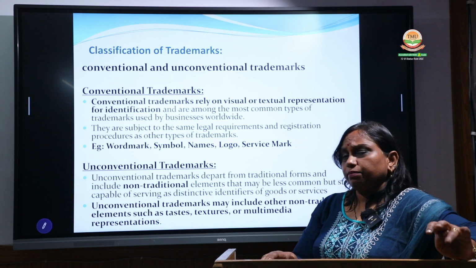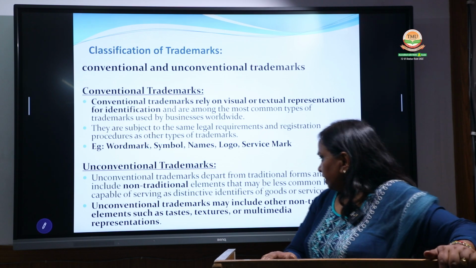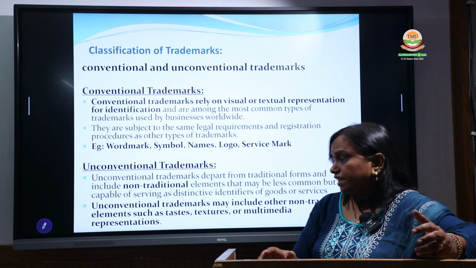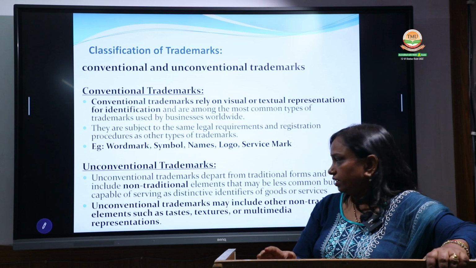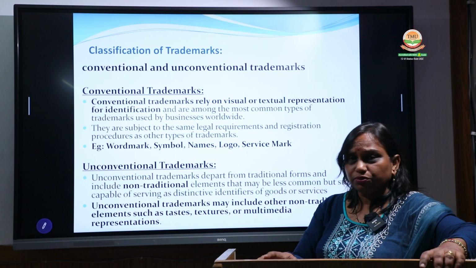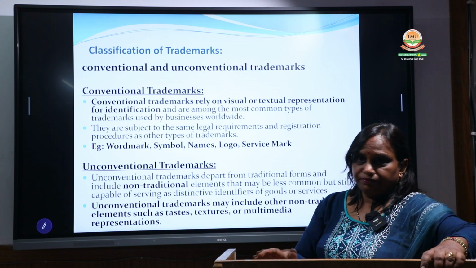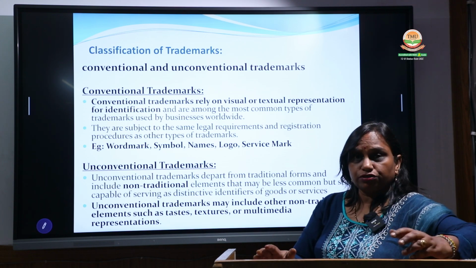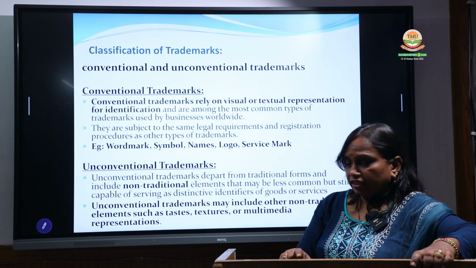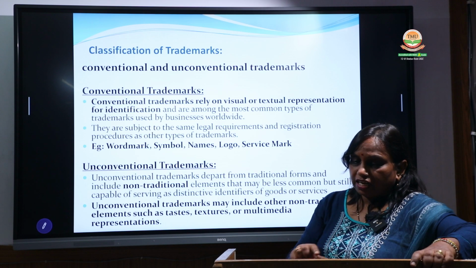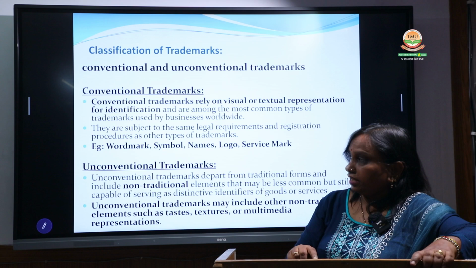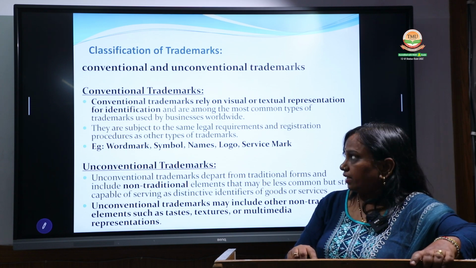Unconventional trademarks are basically non-conventional elements such as any taste, or any texture, or multimedia representation, even the sound, the color, and the scent. It even includes the scent. So all these are part of the unconventional trademark, which are not so common, but they are nowadays taking place in the market.